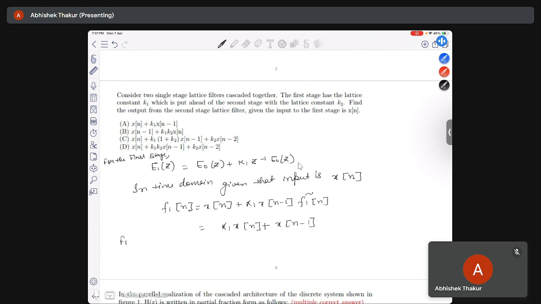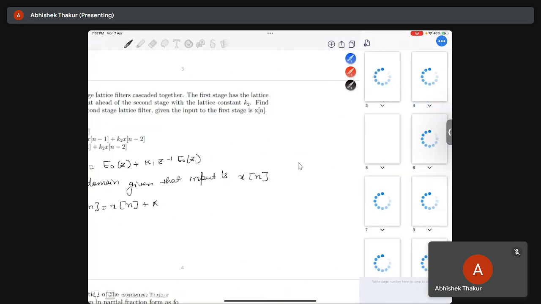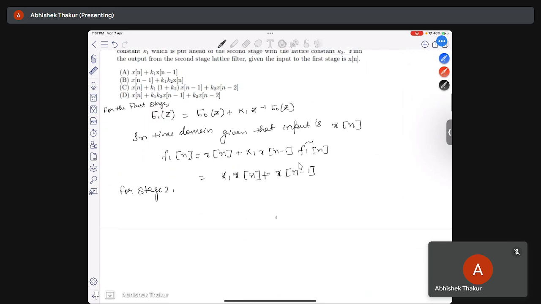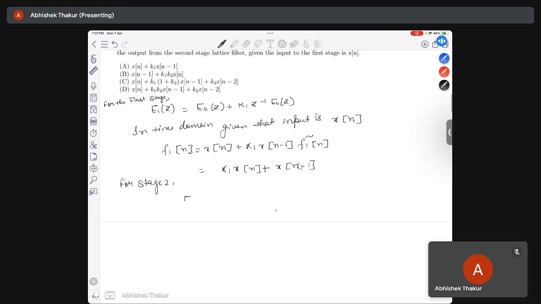Now for stage 2, E2(z) can be written as E1(z) + K2 z^-1 E1-hat(z).